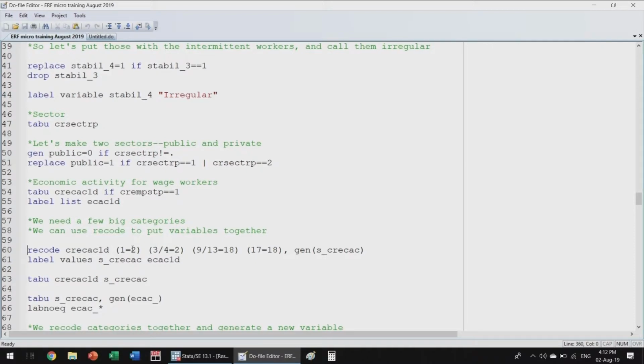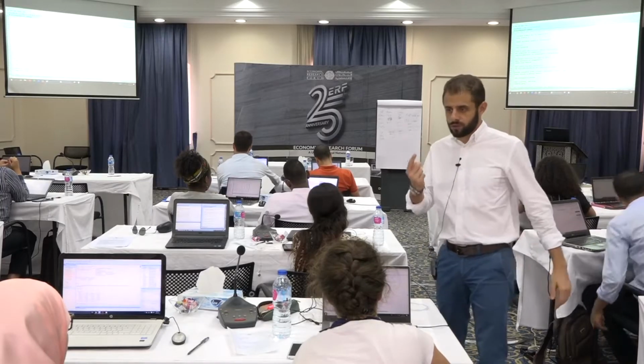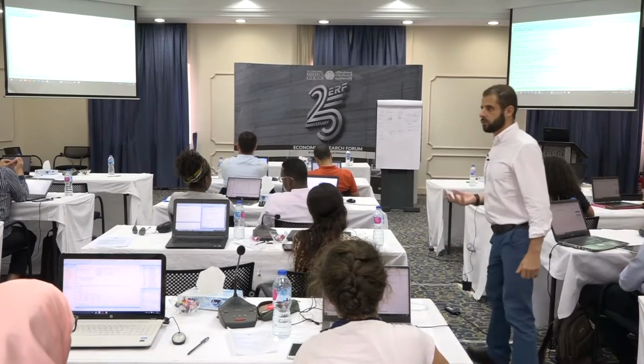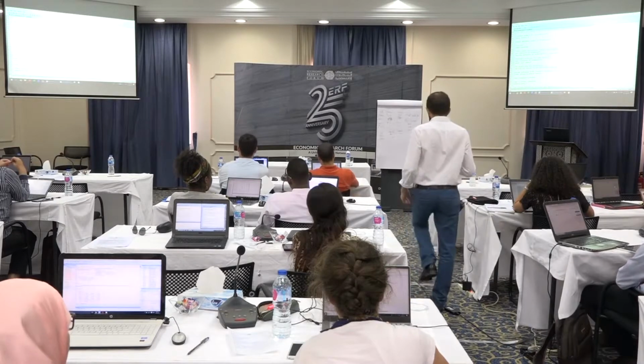So I can do a recode by asking STATA to recode the initial variable with a new code. So if I have, for instance, two agricultural sectors, I will ask STATA to create a new code for them, which is 1. If I have one sector of manufacturing, its new code will be 2. And if I have 10 sectors of services, all of them will have, for instance, 3, and so on. Okay? So that's the idea of recoding.